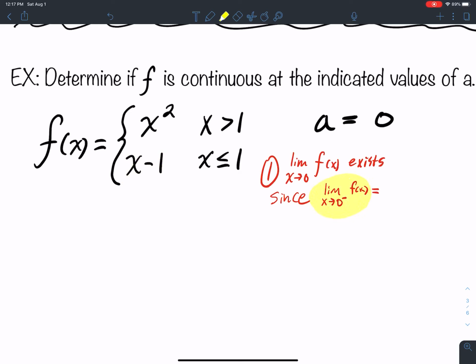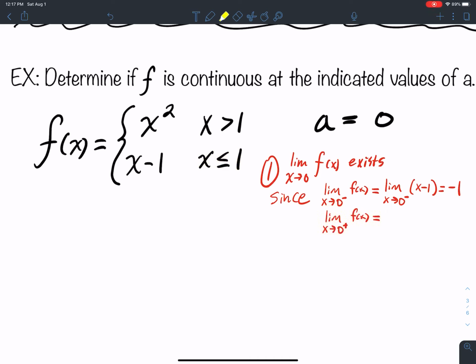When I take the left-hand limit, I take the limit as x goes to 0 from the left of x minus 1. If I plug in 0 from the left, I just get negative 1. Now I'm going to do the limit from the right. I'm still going to be less than 1, right?